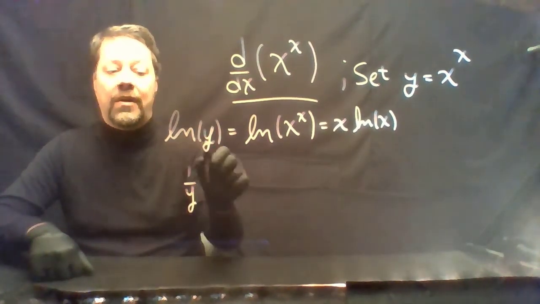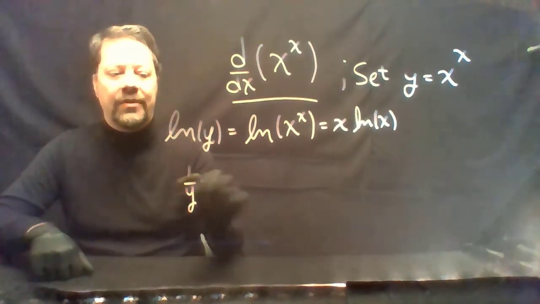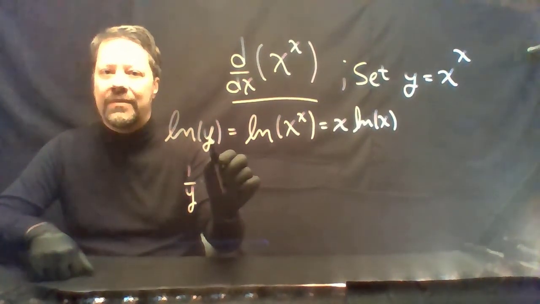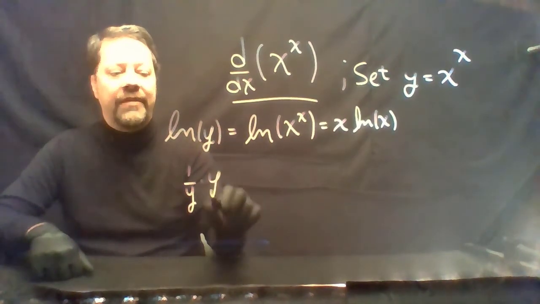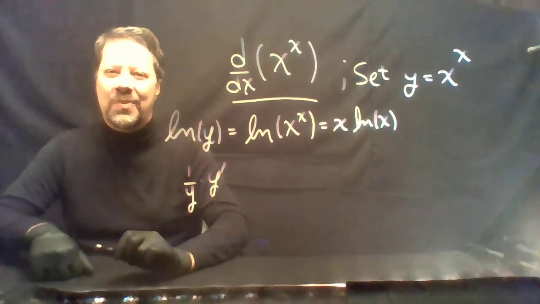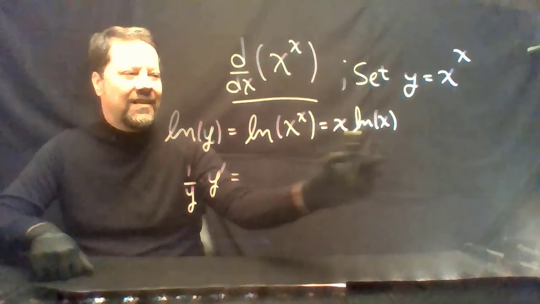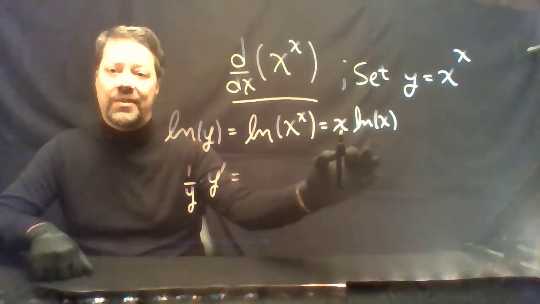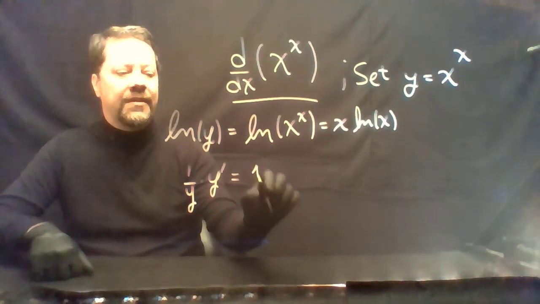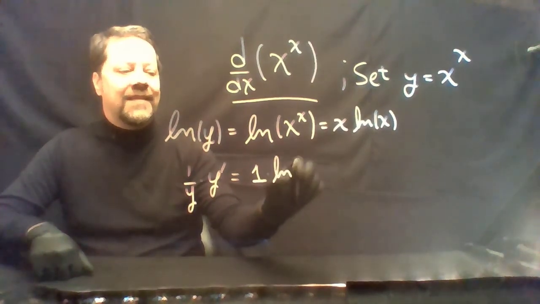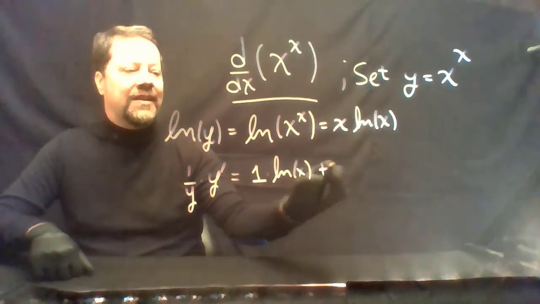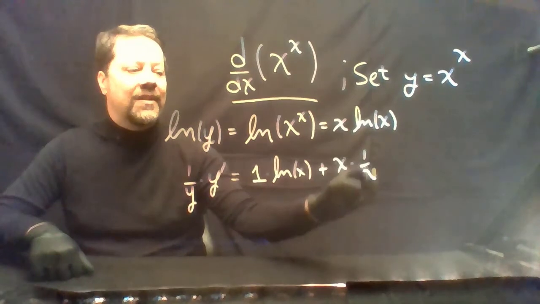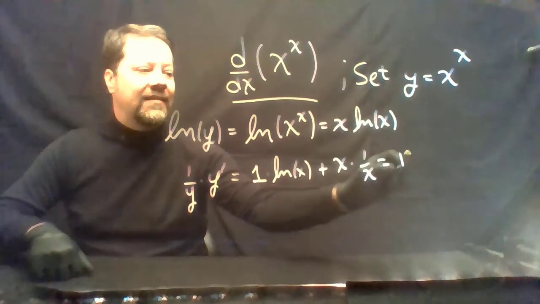The derivative of log is 1 over, leave the inside alone. But by the chain rule, you must multiply by the derivative of the inside, which is y prime. On the right-hand side, it's a product rule. Derivative of the first times the second plus the first times the derivative of the second.